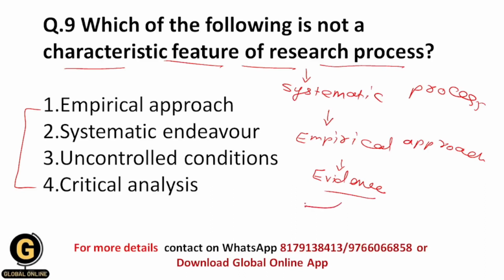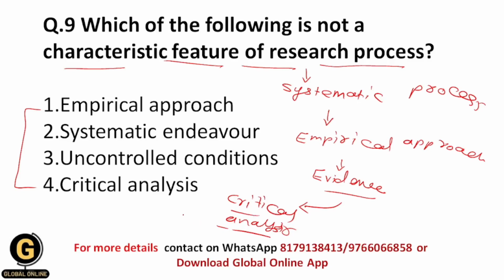So in a research process we should do critical analysis. Critical analysis means we are analyzing our data by a critical method, that means a very pure, very original method.